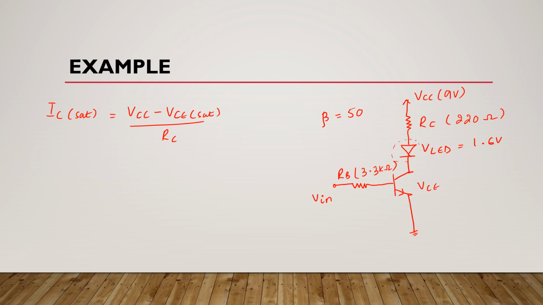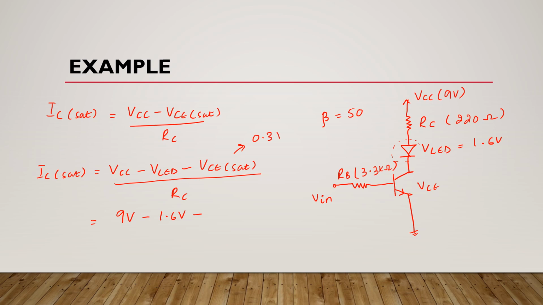It means now this formula of saturated collector current becomes VCC minus VLED minus VCE saturated divided by RC. Here this VCC is 9 volts, this VLED is 1.6 volts, and suppose this VCE saturated is 0.3 volts here.